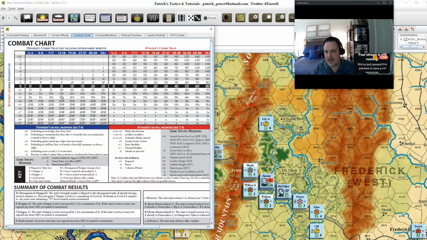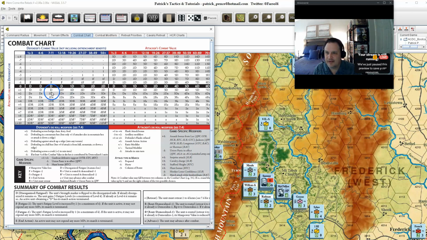So that's where I encourage people to really study the chart, look at the columns. People will game the system a little bit, and that's okay. It's all part of the abstraction. But you want to inflict the largest numeric differential on your defender as you can, and in this case it was a 7 for them.